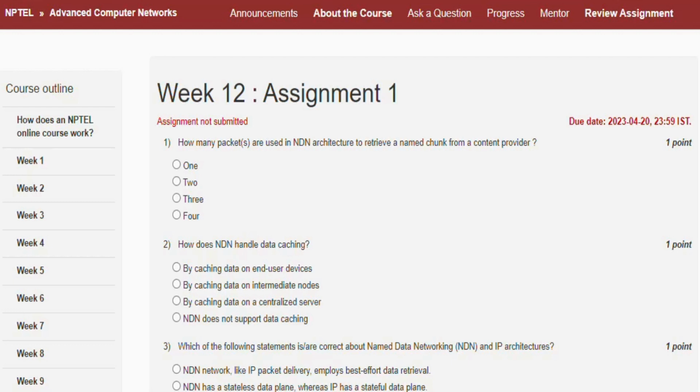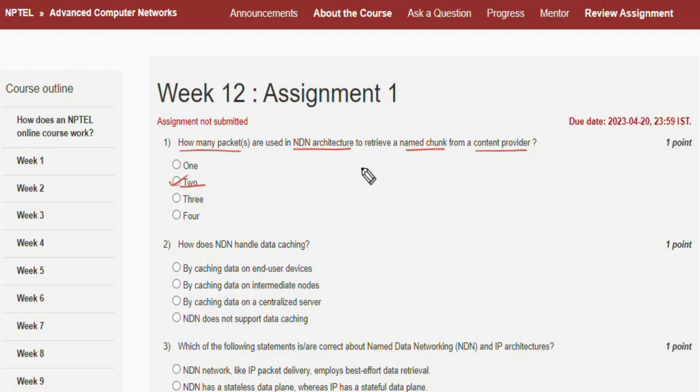Now question number 1: how many packets are used in the NDN architecture to retrieve a named chunk from a content provider? The options are 1, 2, 3, 4, and the answer will be 2.